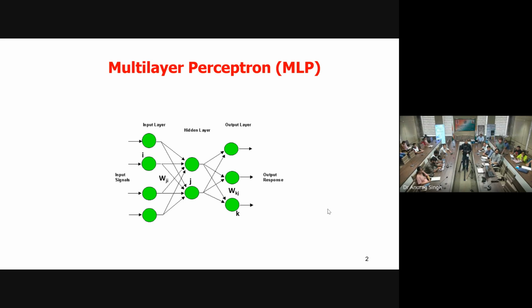Every node of the input layer is connected with every node of the hidden layer, and every node of the hidden layer is connected with every node of the output.